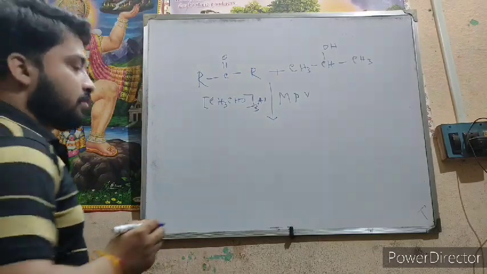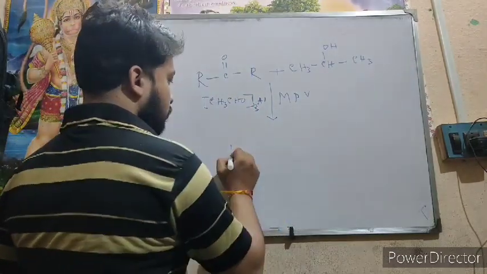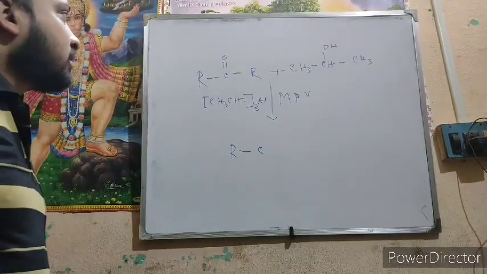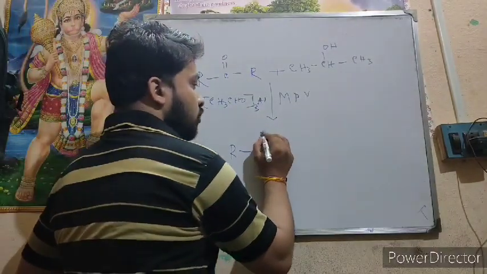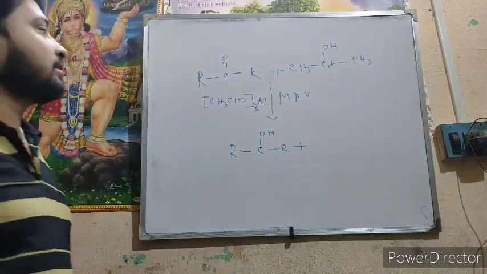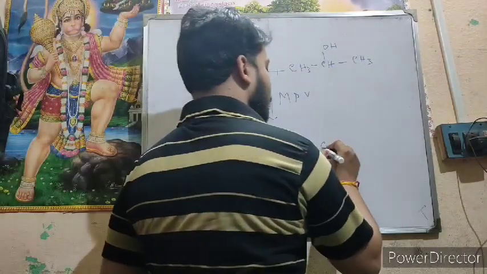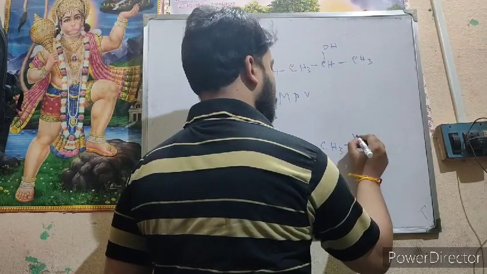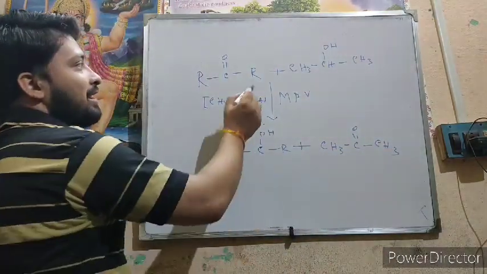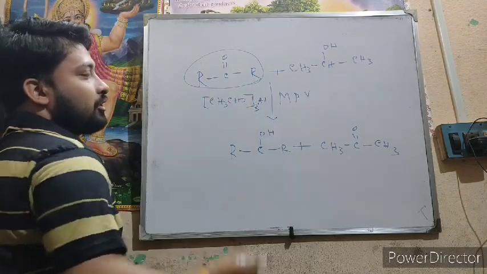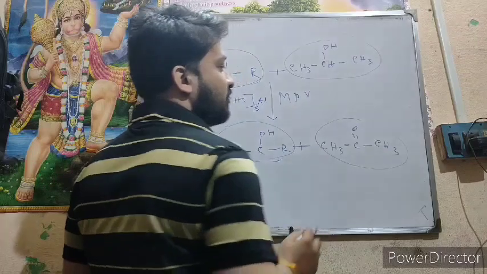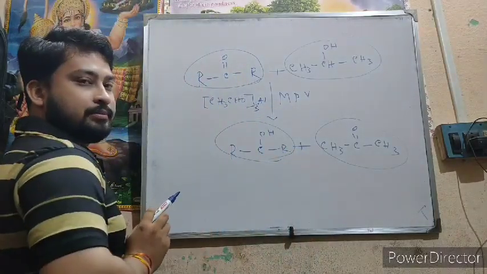So this is the MPV reaction, and you get the product RCHOHR, and finally CH3COCH3. Okay, where is the ketone, where is the alcohol, so interconversion.